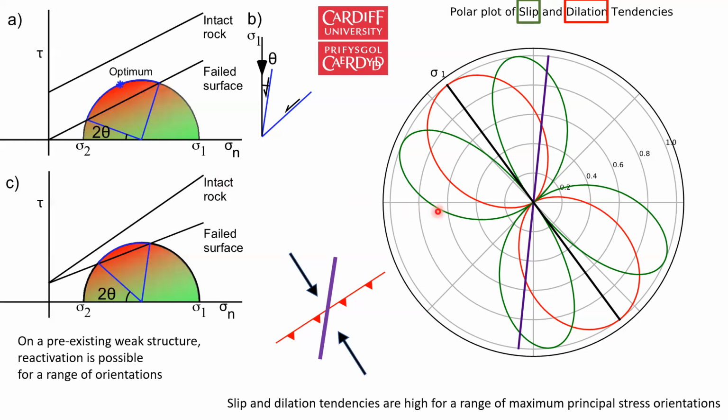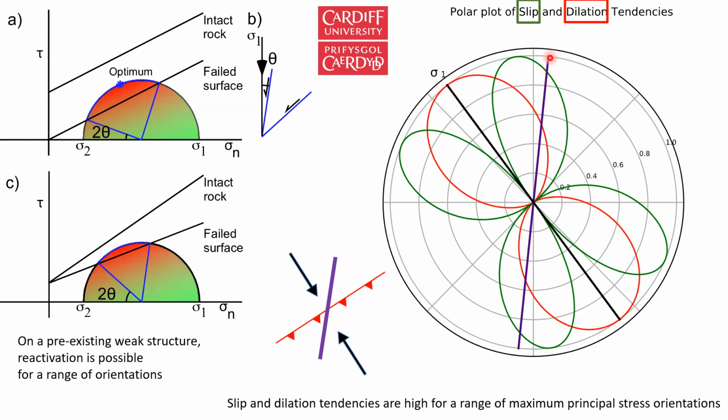And this diagram here is another way of illustrating exactly the same point. This diagram is a radial or polar plot of the slip tendency, the propensity for a fault to slip for a given stress orientation, or the dilation tendency, the propensity for it to open up, as a function of direction. And I've just assumed a northwest direction of maximum principal stress here.